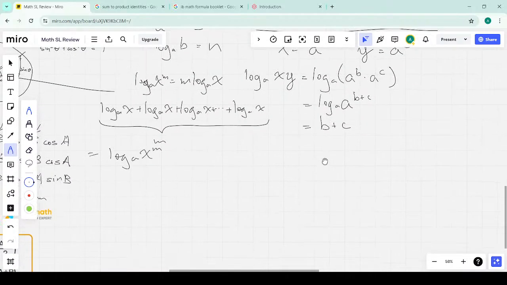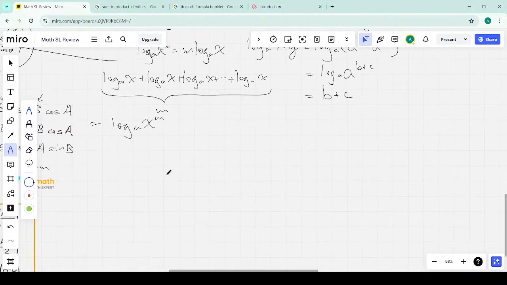So let's say you have log a of b and you want to change the base, right? You want to change a. What you can do is multiply this by log c of a over log c of a.